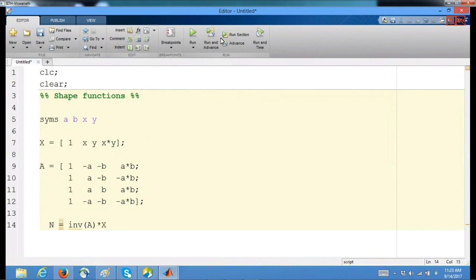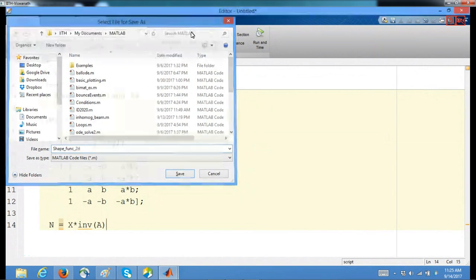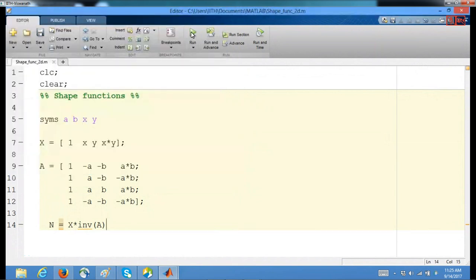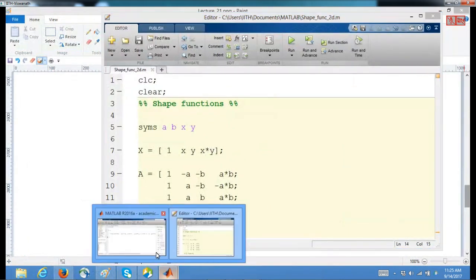Let us inverse it. Okay, let us simplify it.